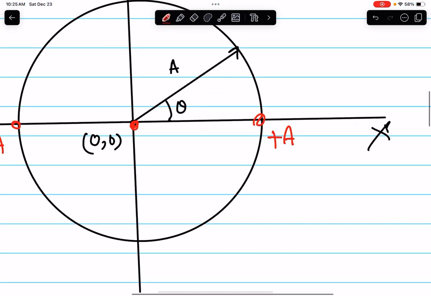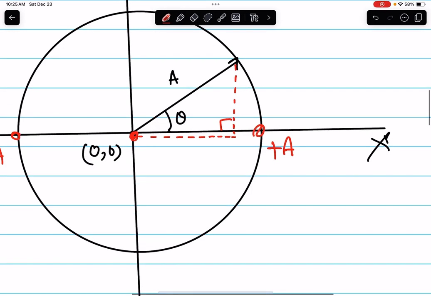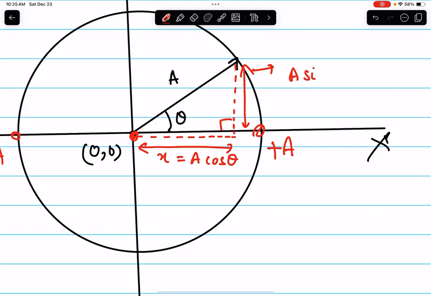So let's say this is a circle with radius A, and I make this right angle triangle, and this is 90 degrees. We know that this x displacement, this x value, is A cosine of theta, and this y value is A sine of theta, correct?